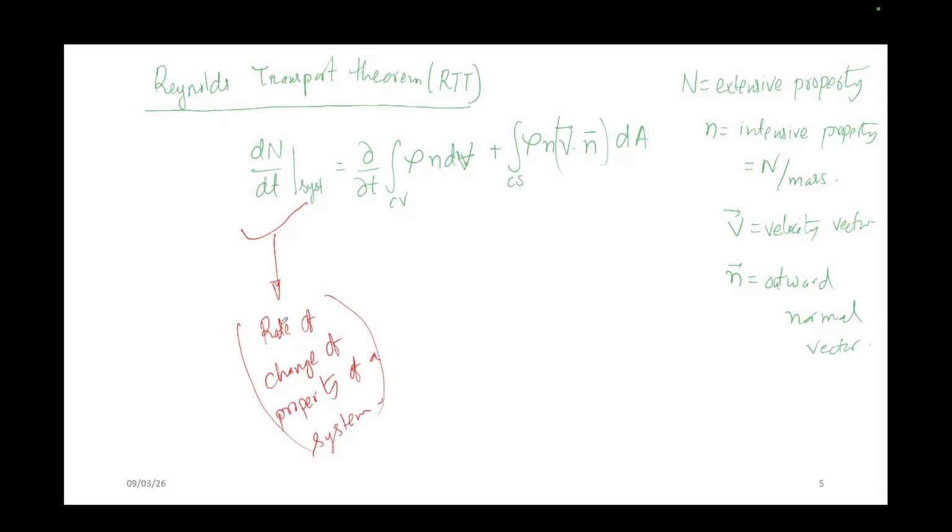From this, can you tell what type of approach this is, if I talk about only this term, whether it's a Lagrangian view or an Eulerian view? Can anyone just guess?